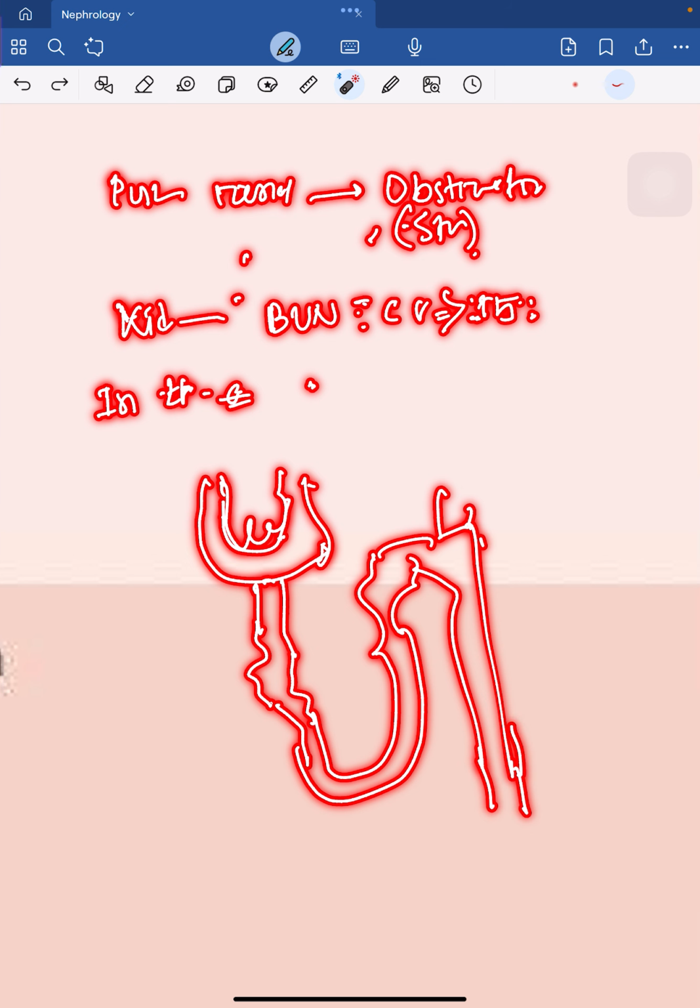So when there is obstruction, like here, there is stasis of this fluid.